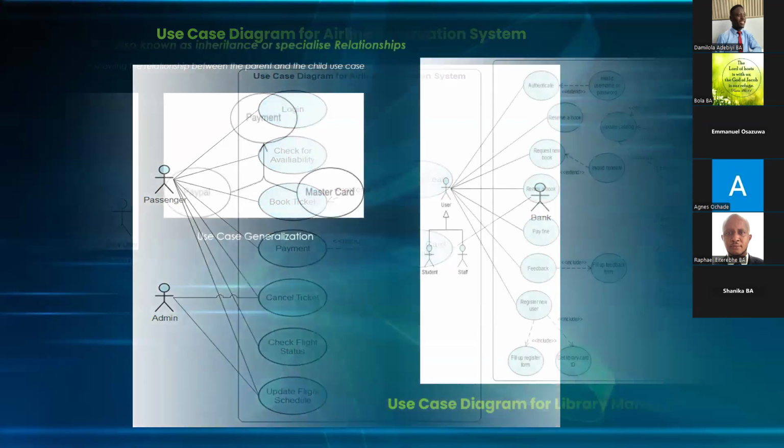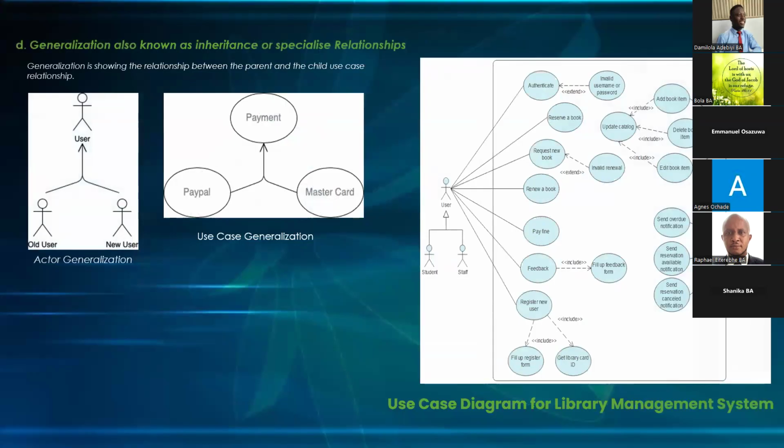Let's move to the next. Aha. This is where it becomes complicated. So, Senika, this is why I say you should not use parent and child. So we now have the fourth relationship, which is the generalization or inheritance.